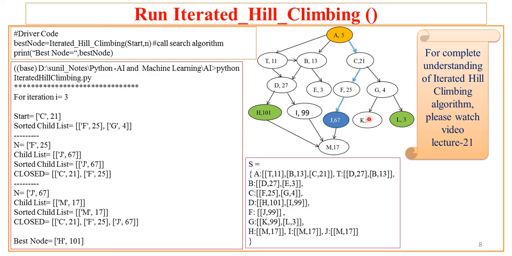So the while loop terminates when it finds a node with a lower heuristic, because here there is a gradient ascent. This J67 is the node having the highest peak value, and after that there is a descent. So here the algorithm stops.